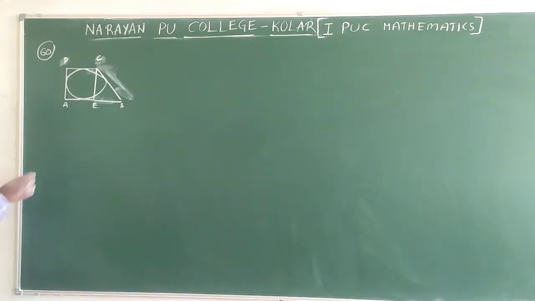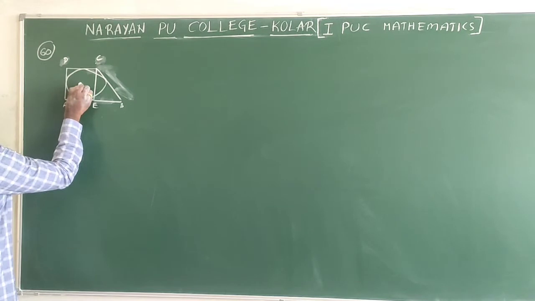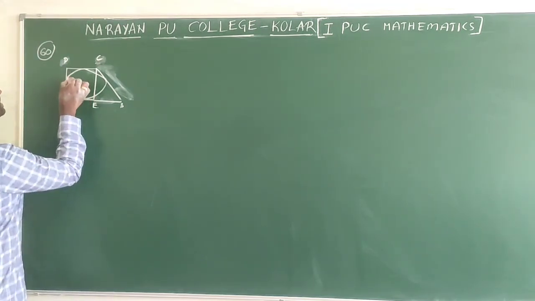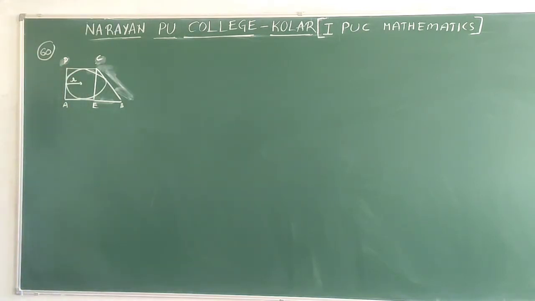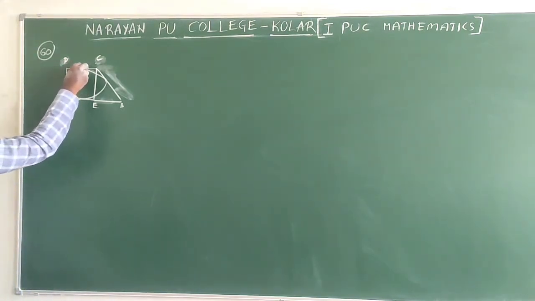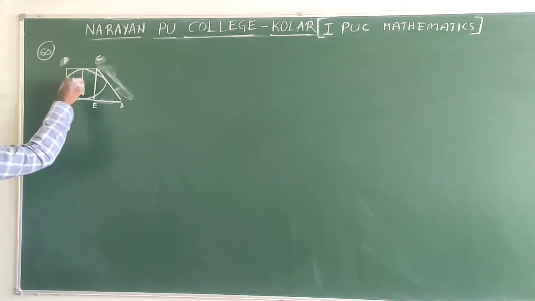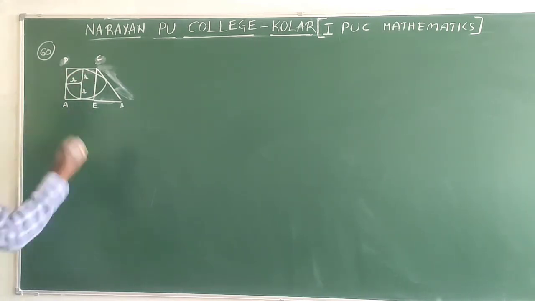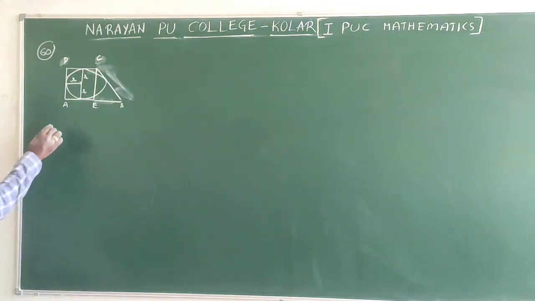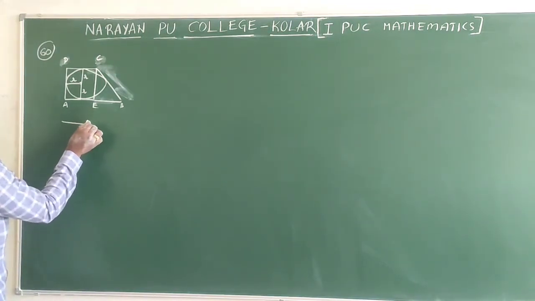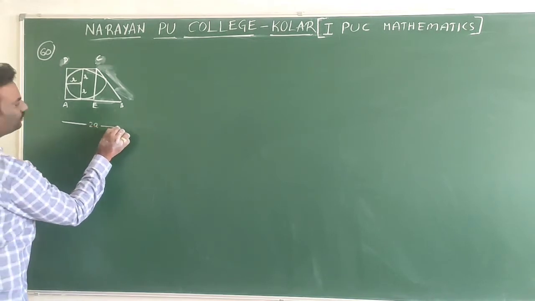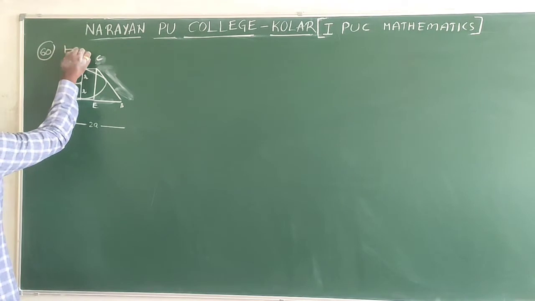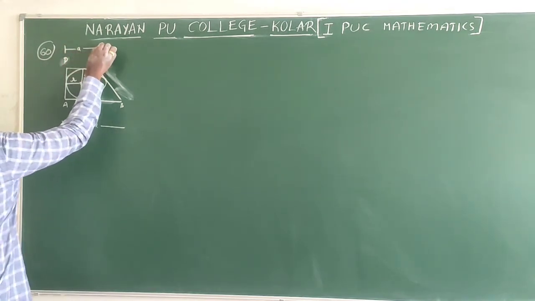Okay. First, this is the center and it is the radius. It is radius, it is also radius. If I take this total length as 2a, now this total length is a.